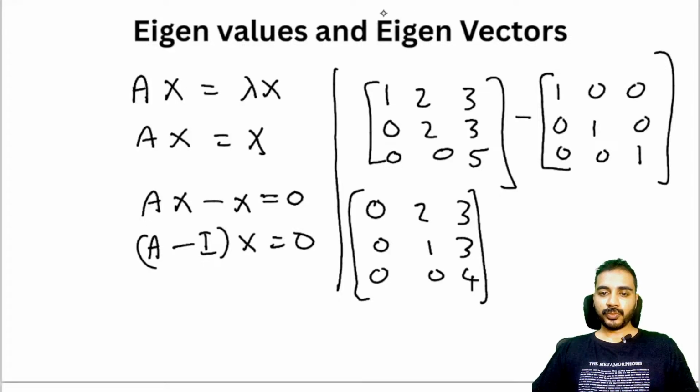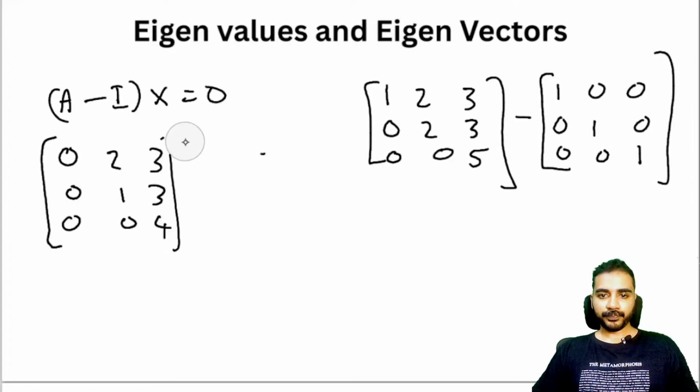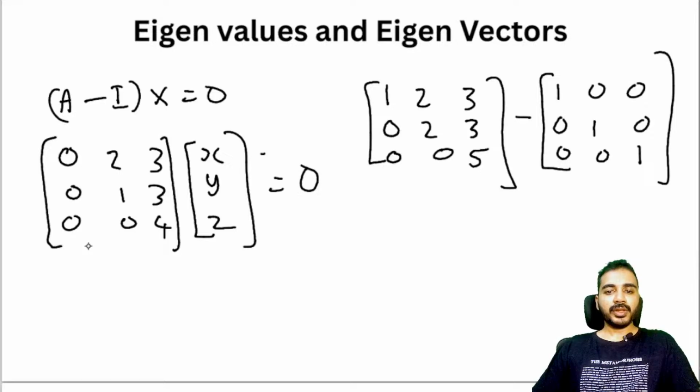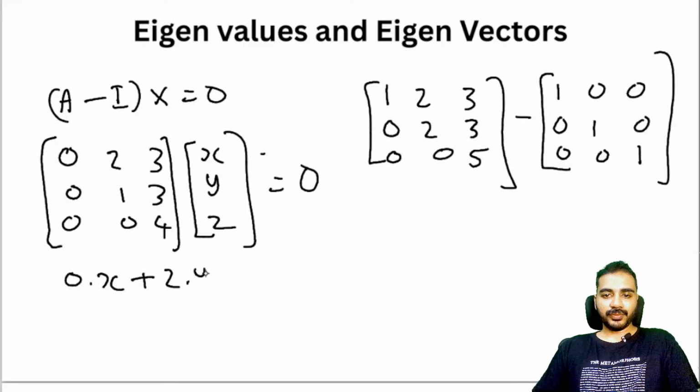So x can be written as something like x, y, z, then equal to 0. Multiplying this, we will be getting 0 into x plus 2 into y plus 3 into z equal to 0.